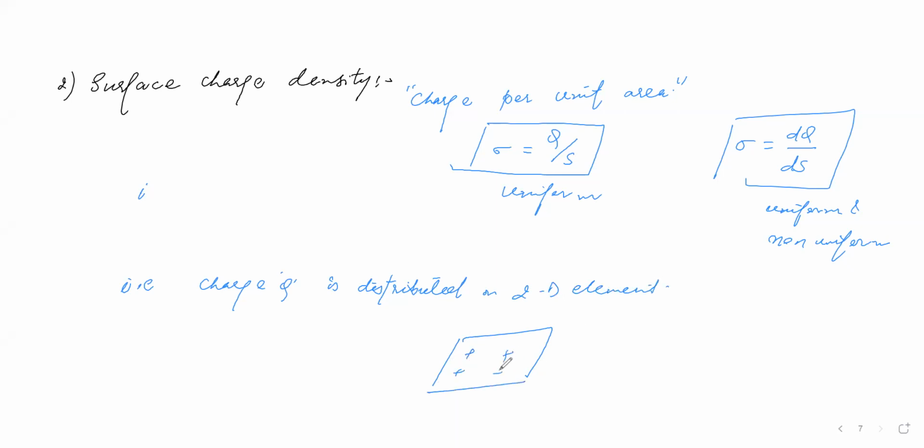This is a plate, and a plate is a two-dimensional body. Then the charge density of this plate can be calculated with the help of surface charge density. Are you clear? This plate may be 2D, or you can also take a circular plate. This circular plate is also an example of a 2D element. Are you clear or not? Yes, sir. Good. Note it down first, please.